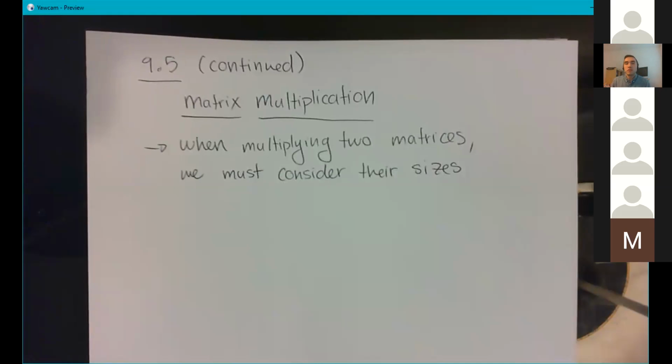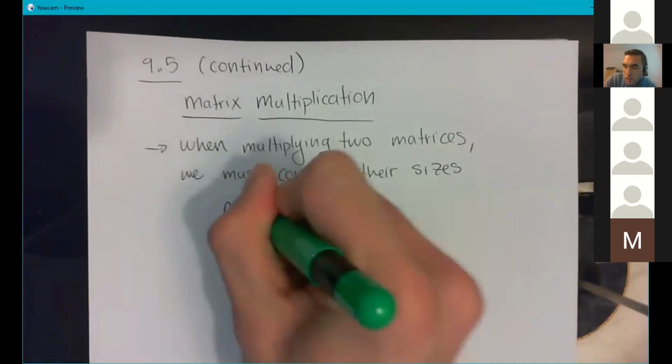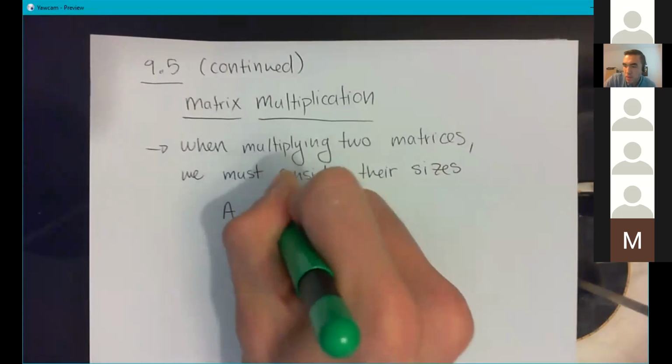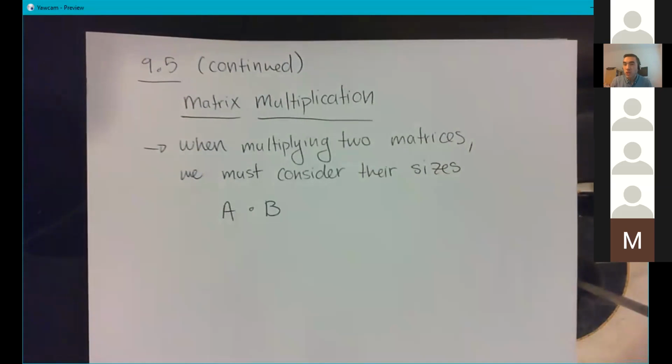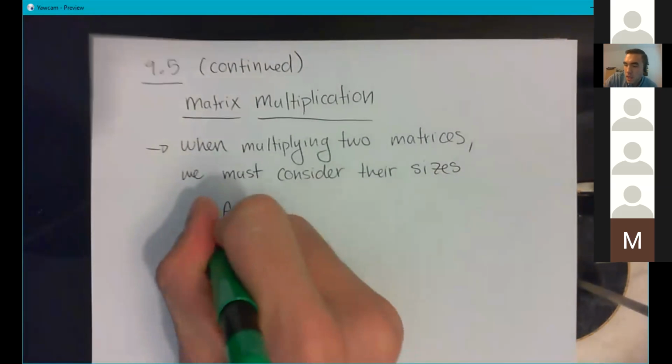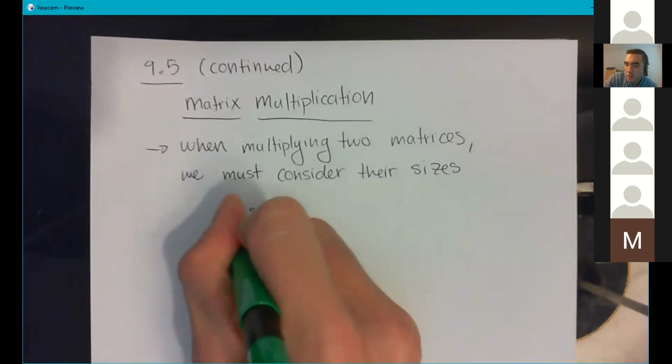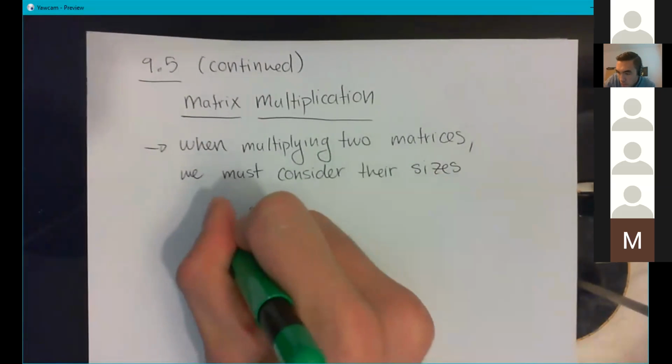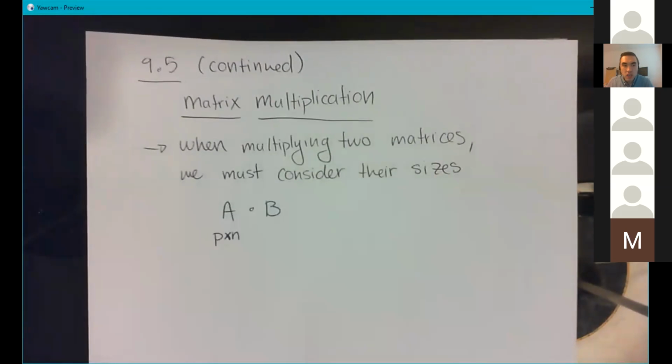Now, when multiplying two matrices, let's say that they have a particular size to them, here is the rule that has to be observed. If I want to take matrix A and multiply it by matrix B, where matrix A has the following dimensionality. Let's say that matrix A is a size P by N, which is to say it has P rows and N columns.